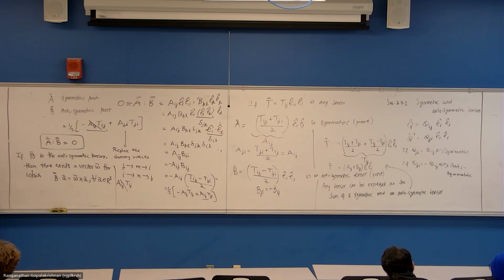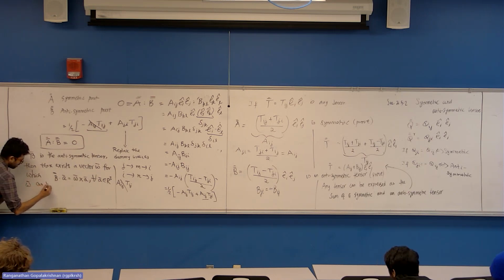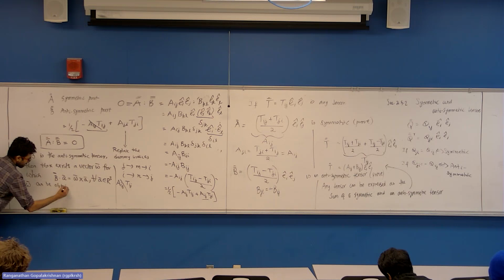That is, the progression would be, if you know B is an antisymmetric tensor, then it will have this property and you can solve for W. That is, from here, W can be obtained from this relation.